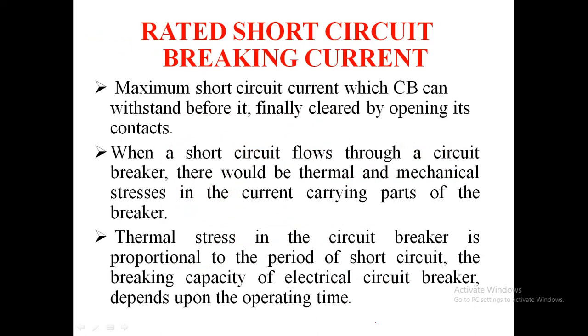First is the rated short circuit breaking current. This is the maximum short circuit current which the circuit breaker can withstand before it is finally cleared by opening its contacts. When short circuit current flows through the circuit breaker, there may be thermal or mechanical stress in the current carrying paths.